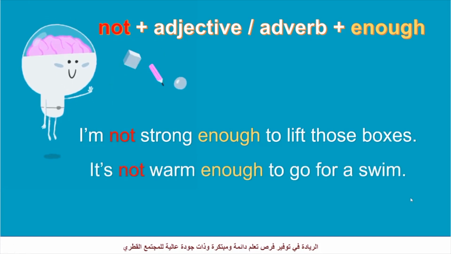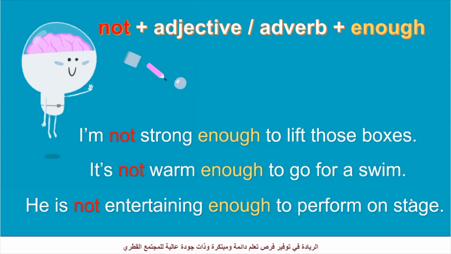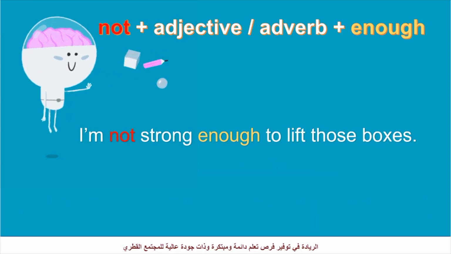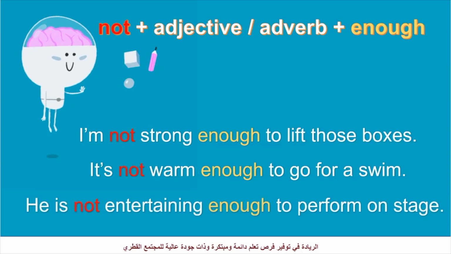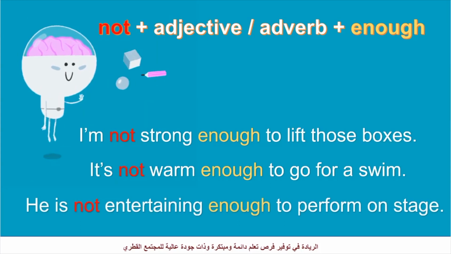It's not warm enough to go for a swim. He is not entertaining enough to perform on stage. It's not warm enough to go for a swim. And he is not entertaining enough to perform on stage.